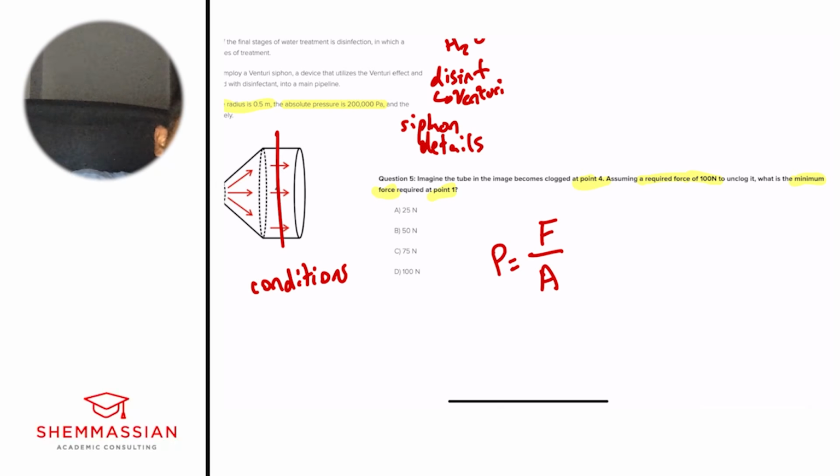So we're going to say this force exerted at point 1 over, or sorry, not force, area of point 1 is going to be equal to the force at point 4 over the area at point 4.